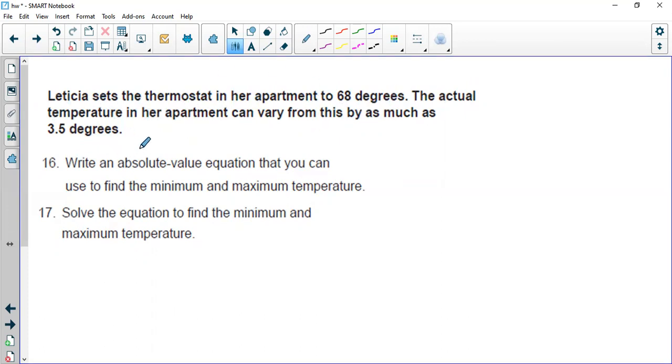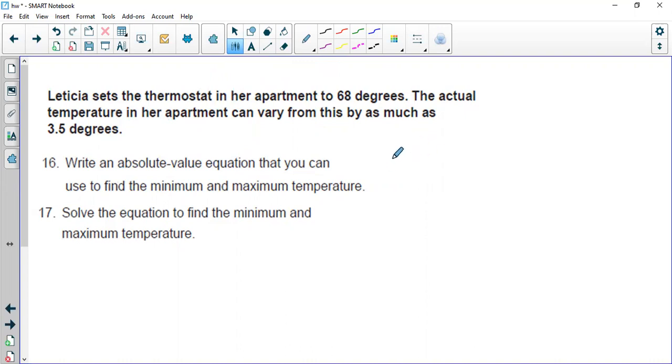But here they said write an absolute value equation. As you know, we are learning about absolute value equations, so of course it's related to absolute value. So those who didn't understand, I'm repeating the question again. Leticia sets her thermostat in her apartment to 68 degrees. She has set the temperature in the thermostat to 68, but it can be 3.5 degrees more than 68 or 3.5 degrees less than 68.